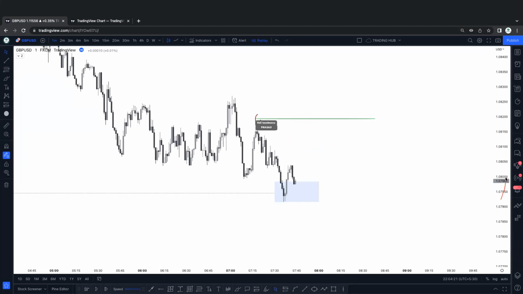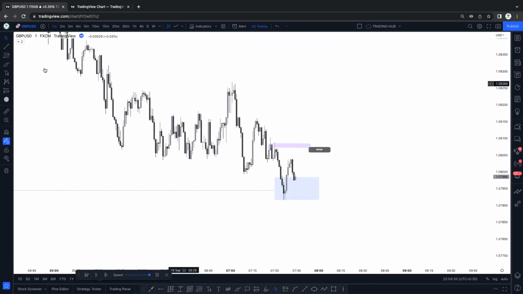So the first internal high acts like a change of character, right? So in this case, the change of character is here. The market must take out this high, and then take out the inducement, and then we can buy here because the market swept the liquidity, right? So let's see what happened next here.